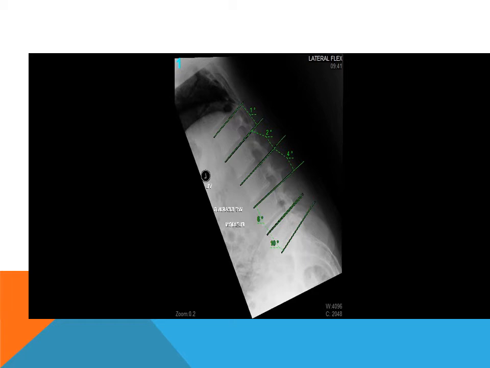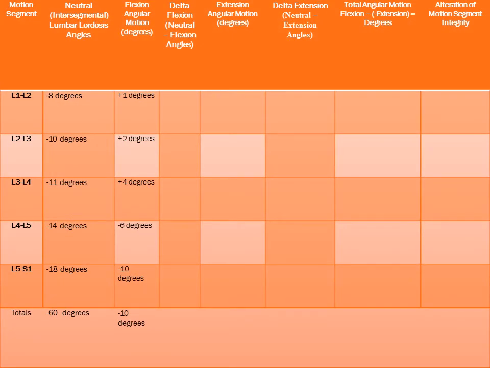The next one, L3, L4, is plus 4 degrees. L4, L5 is minus 6 degrees. And L5, S1 is minus 10 degrees. Record those in your table. And you can see here that I've recorded those on the table in column 2.